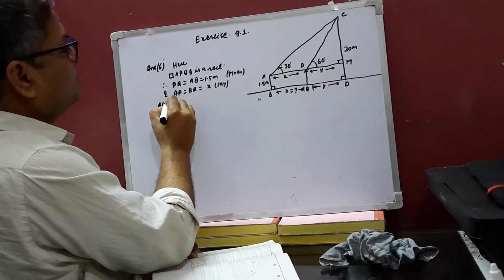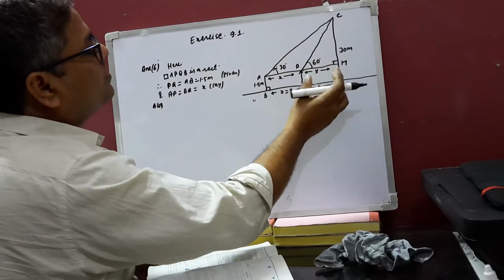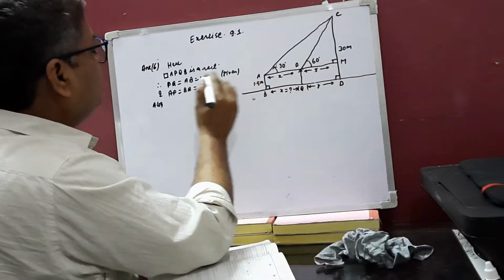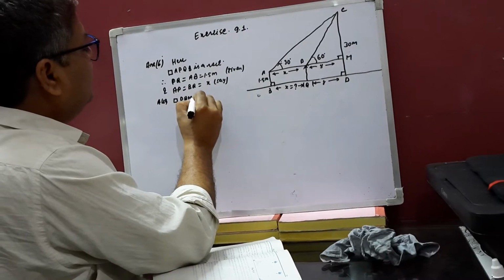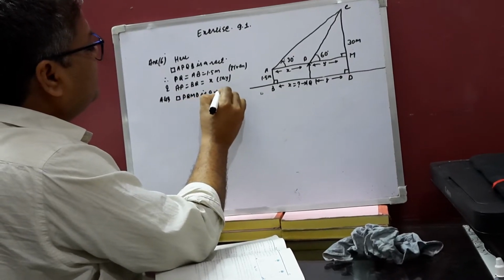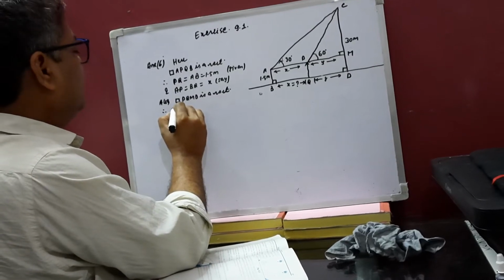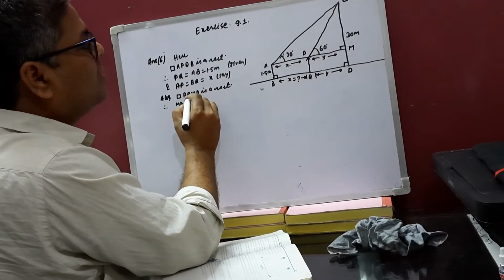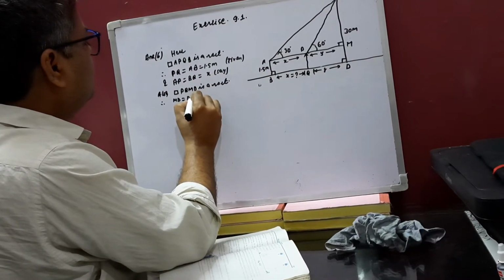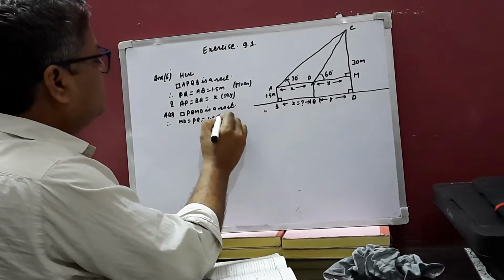Also, quadrilateral PQMD is a rectangle. Therefore MD is equal to PQ is equal to 1.5 meter.